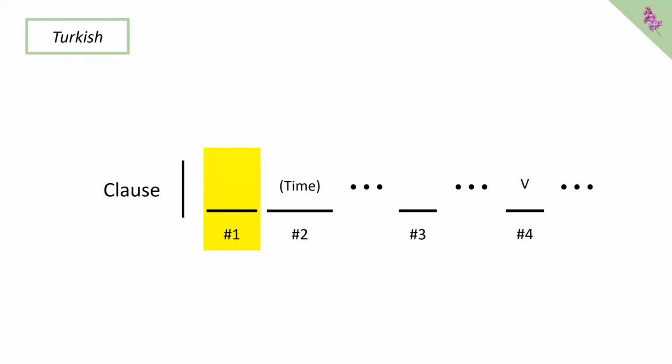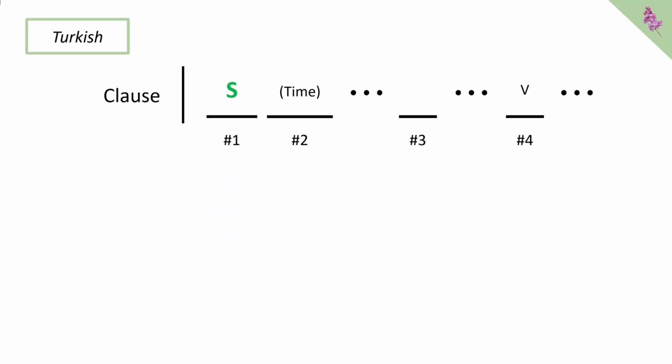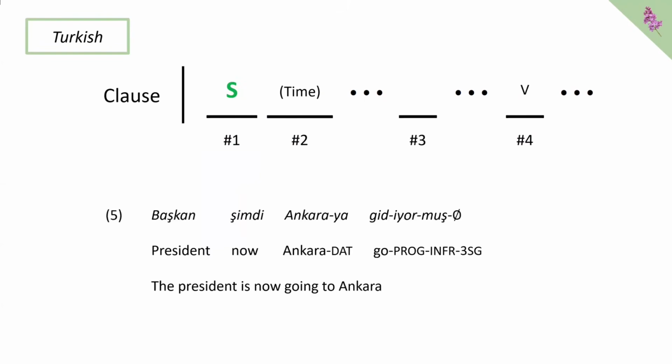As in English, in Turkish, one of the things that can occupy position 1 is S arguments. Consider the following clause. The president is now going to Ankara. Here, the S argument, the president, appears in front of the expression of time now, which sits in position 2.